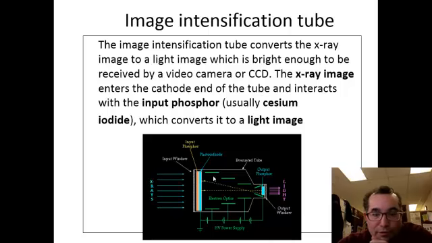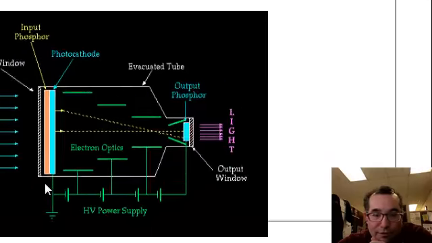The photocathode is another phosphor, so we have two phosphors that are kind of sandwiched together as indicated by these two lines, one sort of pink and a light blue line. Right? The input phosphor is made out of cesium iodide, and it's going to convert those X-rays into light. So as we learned last week, we can call this type of phosphor a scintillator.